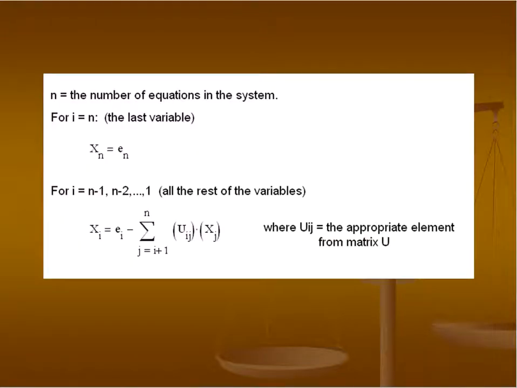And the formulas look like this. All right, and N, by the way, stands for the number of variables that you have in your system. Okay, and I will demonstrate this in a second when we look through the first example.